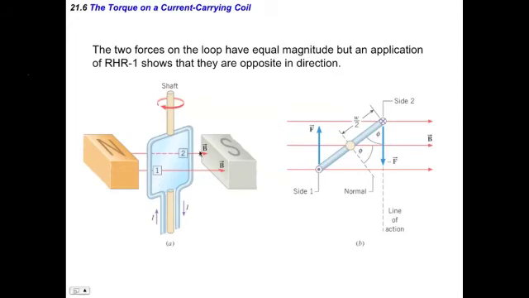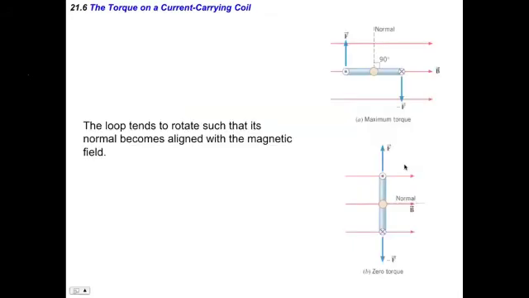When this face gets pointing along the same axis as the magnetic field, the forces experienced will now be along my lever arm, and so the angle between my lever arm and my force is going to be 0 degrees. Sine of 0 cancels out, and so there's no torque in this system. An object that starts at a perpendicular position will experience a maximum torque until it gets to this position here where it has a minimum torque.